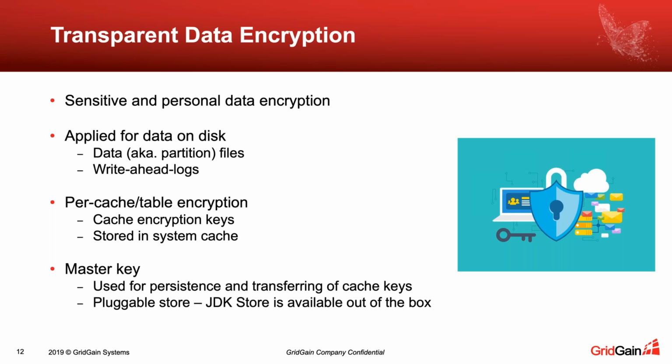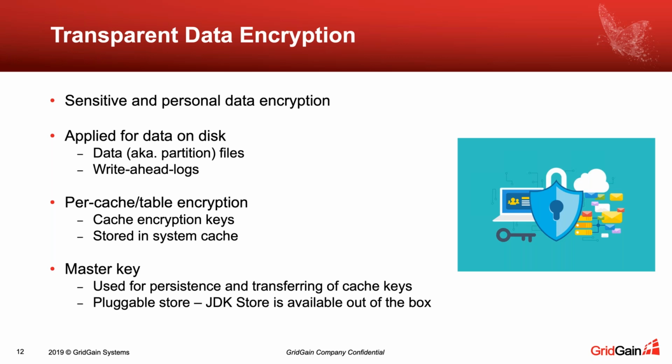But out of the box, we decided not to complicate things, and we created a special expandable interface so that you can integrate with any third-party tools for master key management. And out of the box, we are storing the master keys in the JDK key store of the virtual machine, so that you can use it for development, you can test it, you can try it.